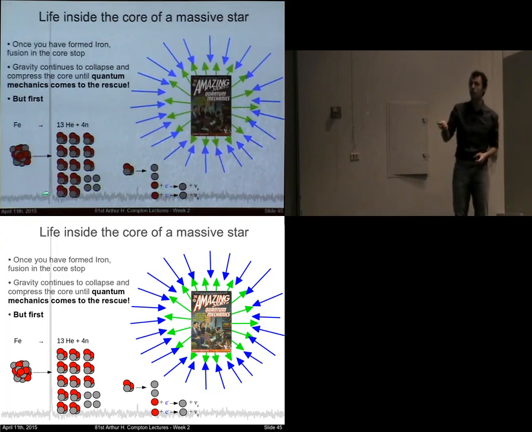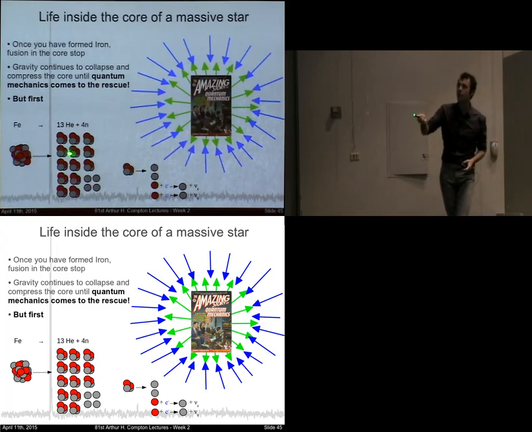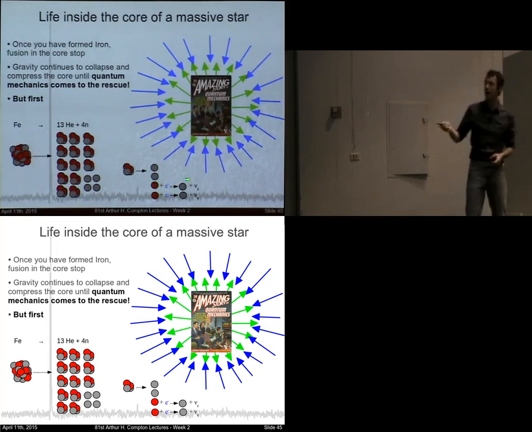The helium breaks apart into its constituent nucleons, the 2 neutrons and 2 protons, and nearby electrons glom onto the protons and turn them into neutrons, and they spit out neutrinos. So you started off with an iron nucleus, and now every nucleon in there has turned into a neutron, plus neutrinos.